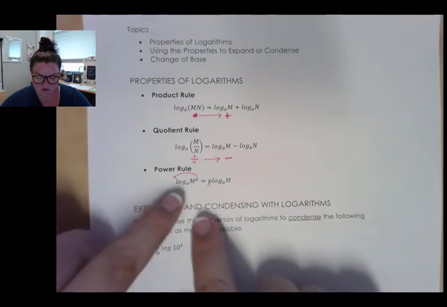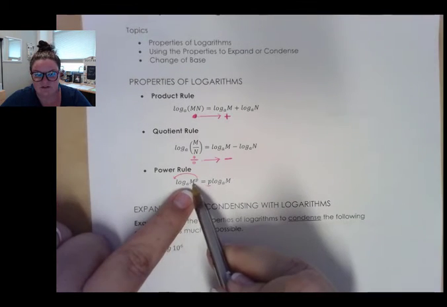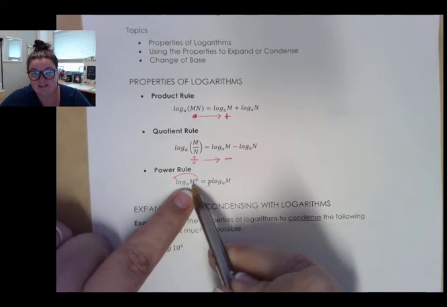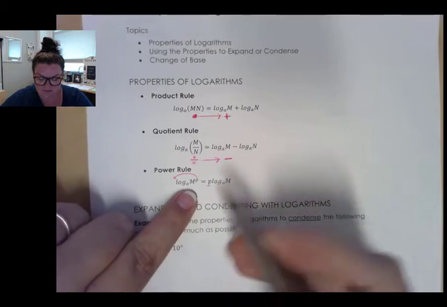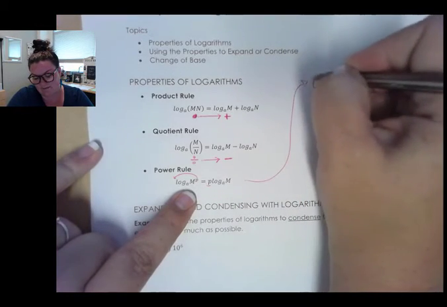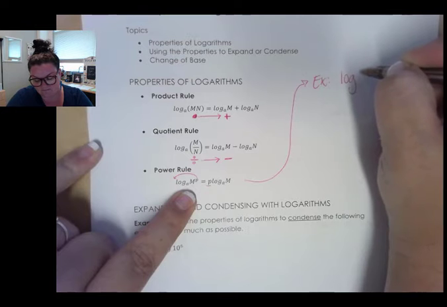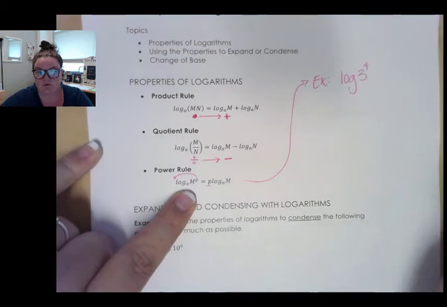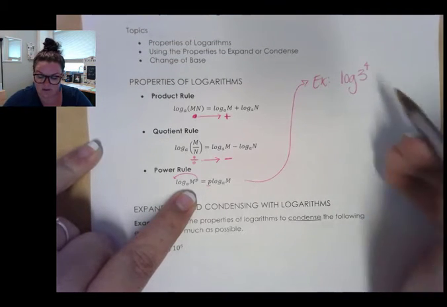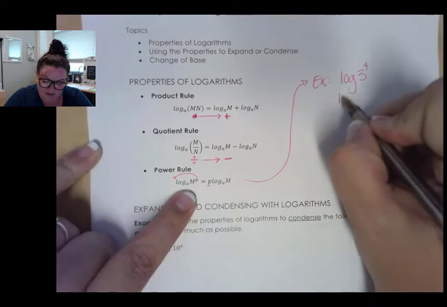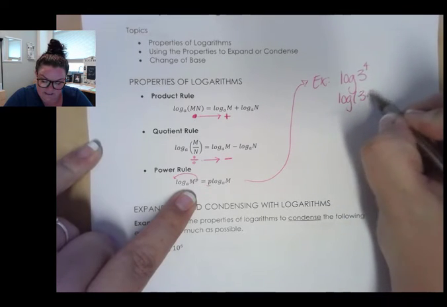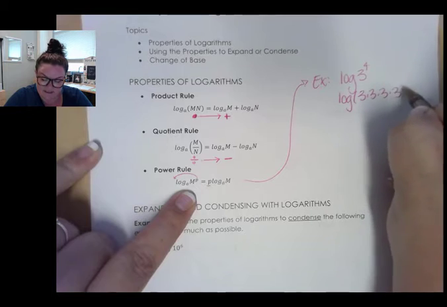When you have an inside factor that is raised to a power, it means you have multiple copies. So let's pretend, just for example's sake, you have log of 3 to the 4th power. Well, what this really means is that you have log of 3 times 3 times 3 times 3.